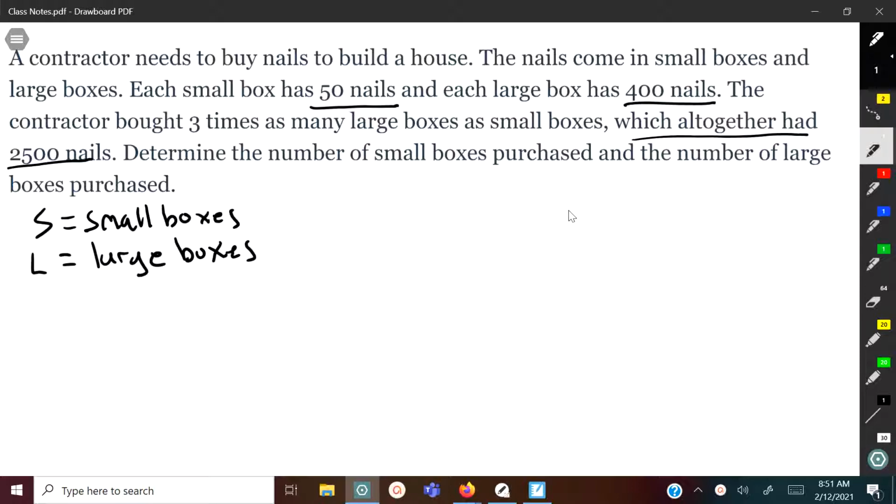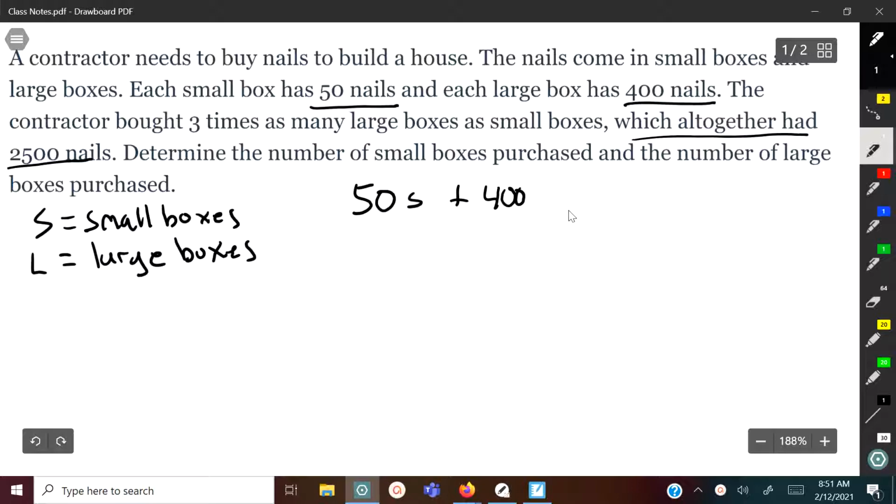To make that equation, we're going to multiply the number of small boxes times 50, the number of large boxes times 400, add it together and set it equal to 2,500. So we have 50 times S plus 400 times L, and together that equals 2,500.